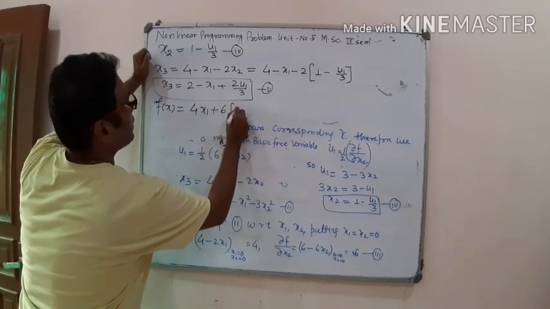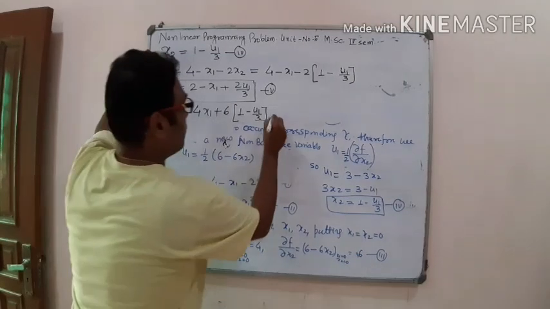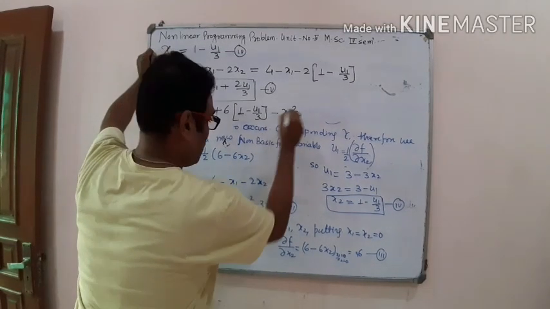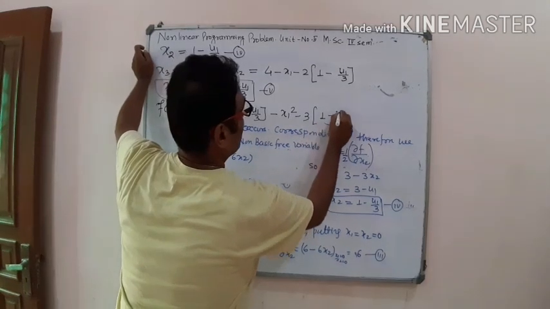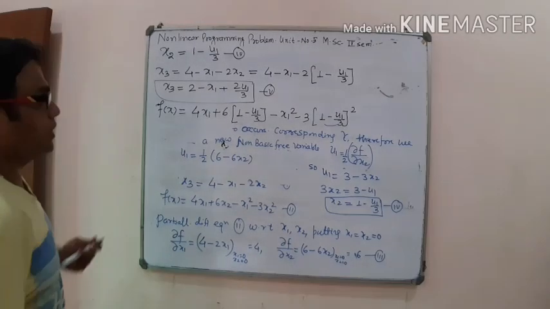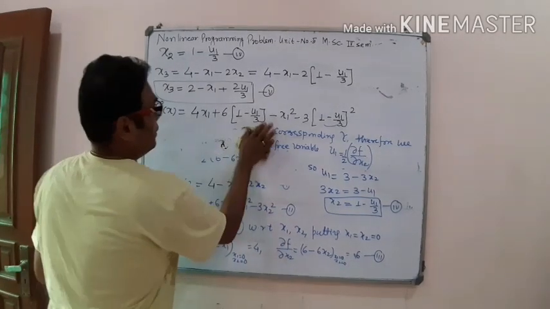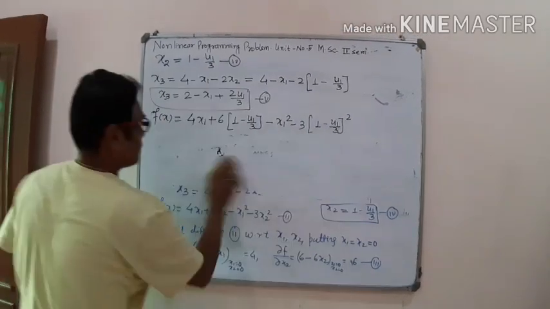What is x2? x2 is 1 minus u1 upon 3. Then minus x1 square minus 3 into x2 square, where x2 square means 1 minus u1 by 3 whole square. This is your equation number 6.